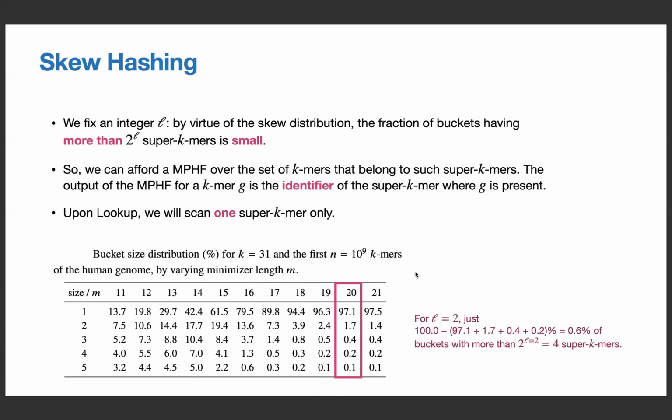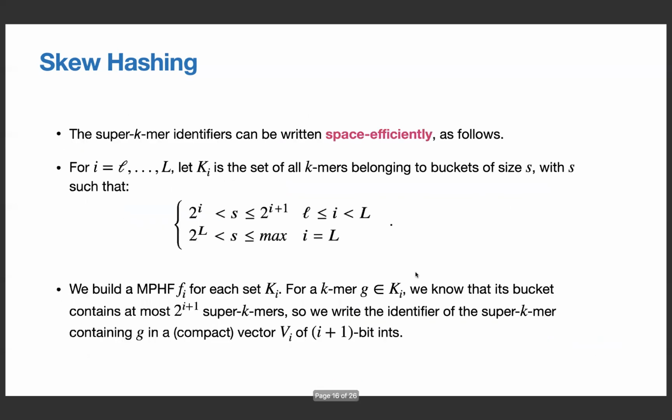And in particular, we are going to store in an array, at the position given by the minimal perfect hash function for a k-mer G, the identifier of the super k-mer where G is present. So upon lookup, I don't have to scan many super k-mers, but just one single super k-mer. And in particular, the super k-mer identifier can be written space efficiently, just using few bits.